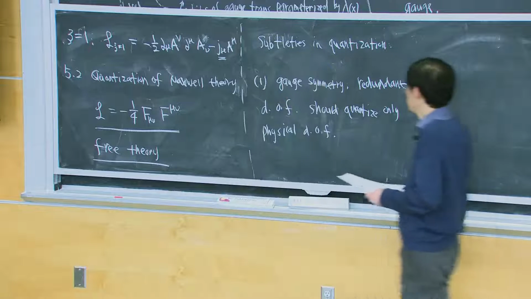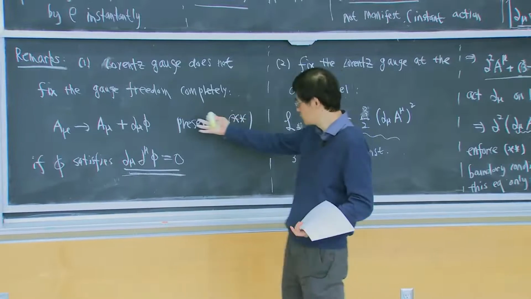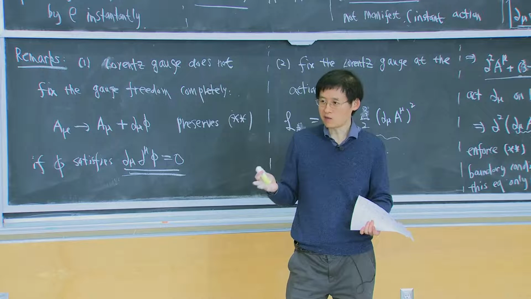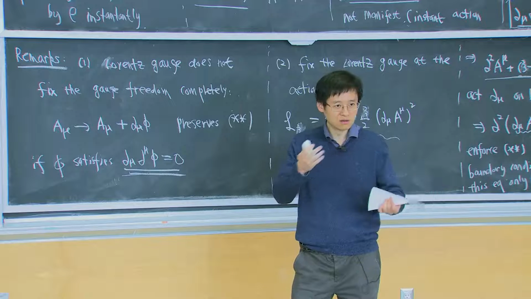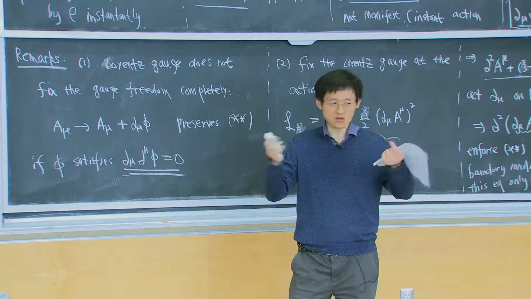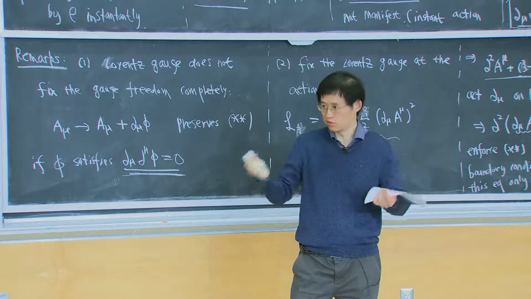This is much more subtle at the quantum level than at the classical level. At the classical level, we just fix the gauge, and that's it. But at the quantum level, things fluctuate. So you have to make sure the fluctuations you look at correspond to physical fluctuations, not to fluctuations of those unphysical degrees of freedom.